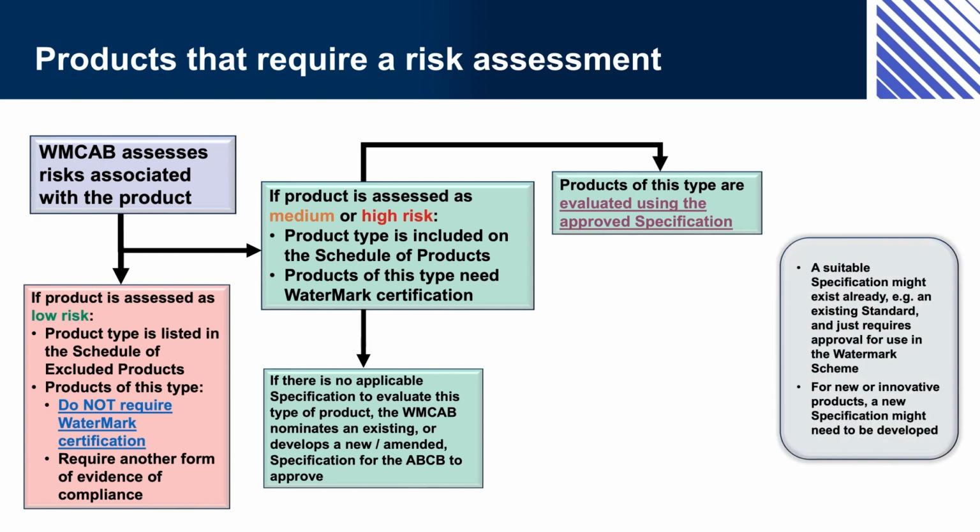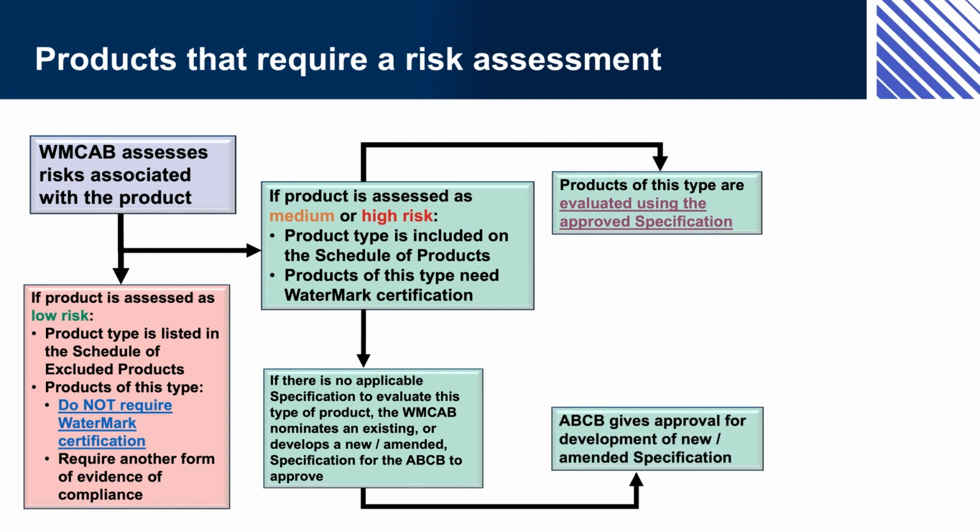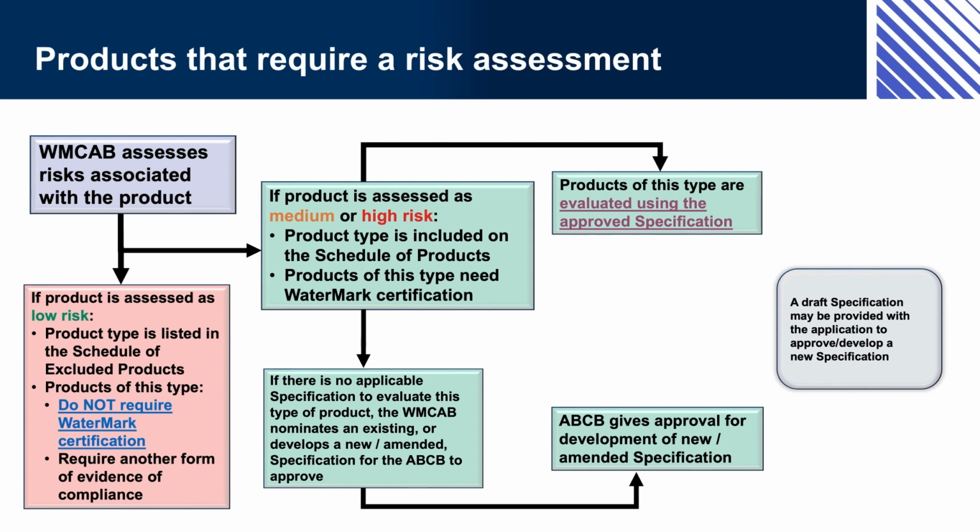A suitable specification might exist already, e.g., an existing standard, and just requires approval for use in the WaterMark scheme. For new or innovative products, a new specification might need to be developed. ABCB gives approval for development of a new, amended specification. A draft specification may be provided with the application to approve, develop a new specification.